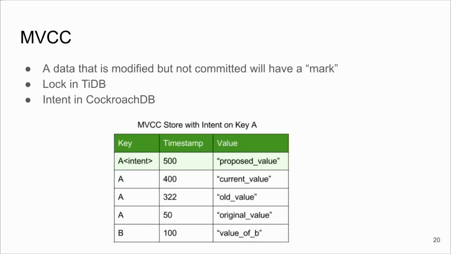Then in MVCC, when you write data, you leave a mark there. It's called a lock in TiDB, and it's called an intent in CockroachDB. The existence of this mark in the storage indicates that this version of data is modified by an ongoing transaction, so it's not yet visible to you when you try to read it.